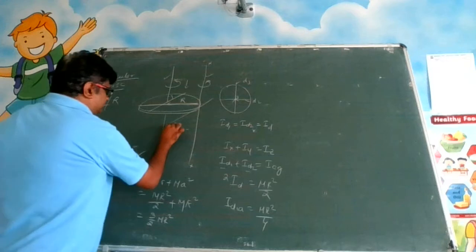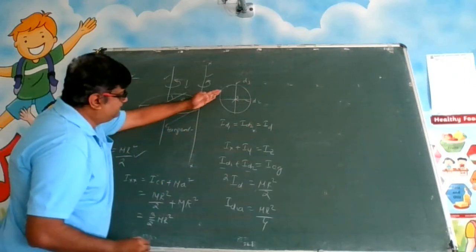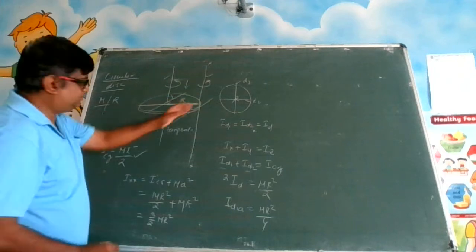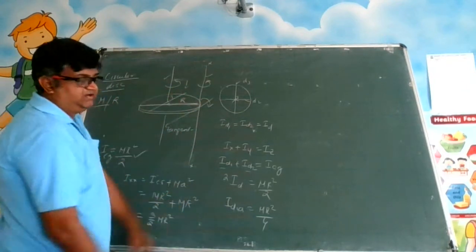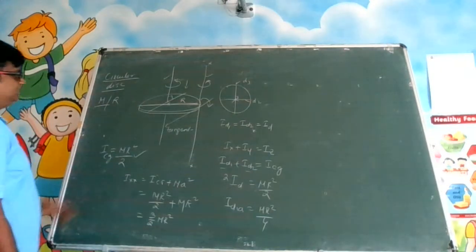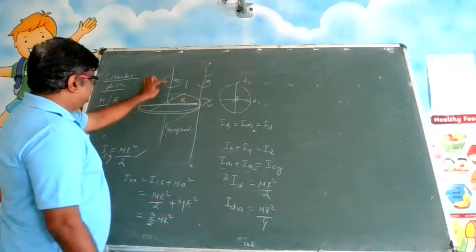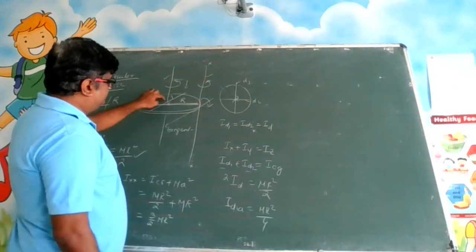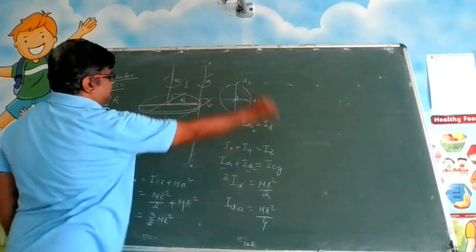This is a tangent. See, even this tangent can be an axis of rotation. About this tangent, the plate can be rotated like this. See, this is the plate which is kept on the ground. This axis is going perpendicular to the plate. This axis is parallel to this.